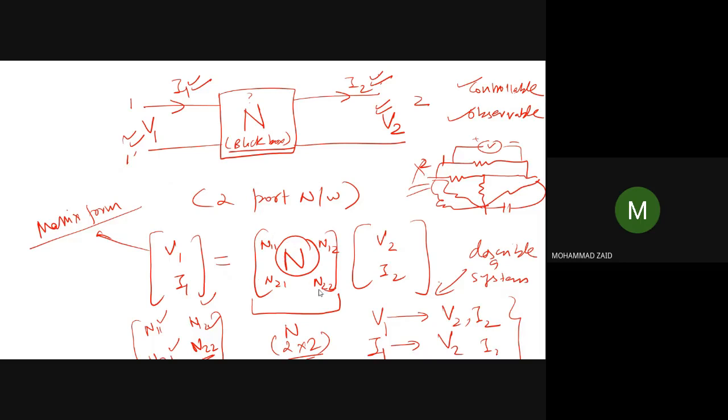This matrix which I have written in terms of N11, N12, N21, and N22 will change depending upon which parameter you are taking as the input and which parameter you are taking at the output side, whether you are taking V1 and I1 as one set of variables and the other set of variables as V2 and I2. Similarly, you can take V1 and V2 as one set of variables and I1 and I2 as the other set, so all these four variables can be arranged differently.